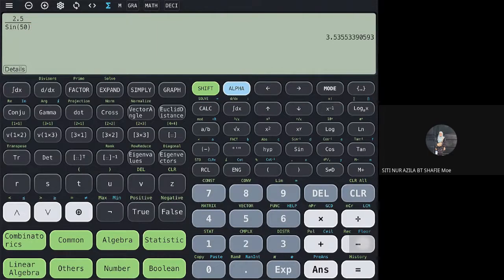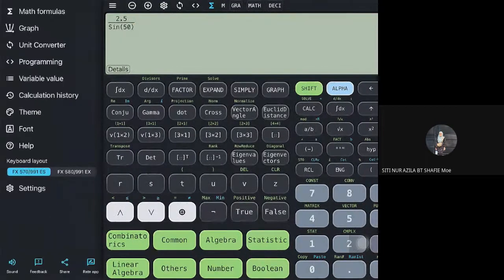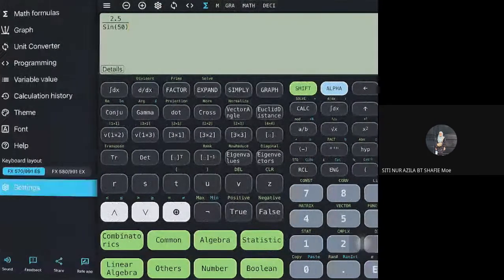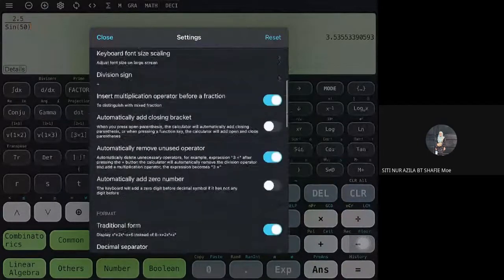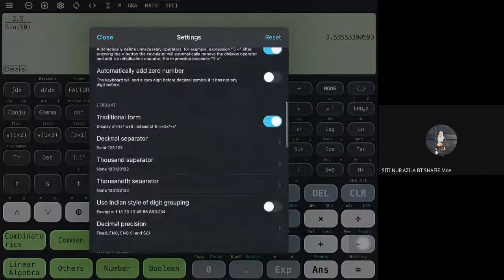Wait, I need to set this first. I have to set the calculator in degree mode.